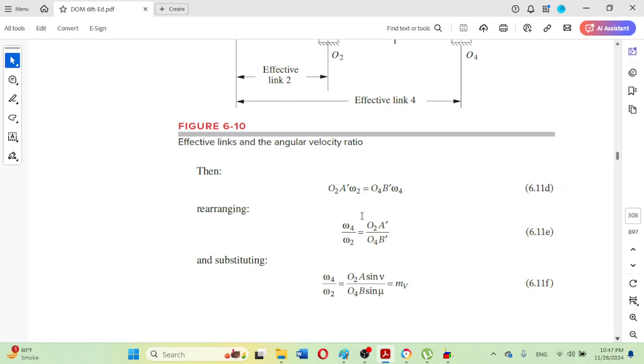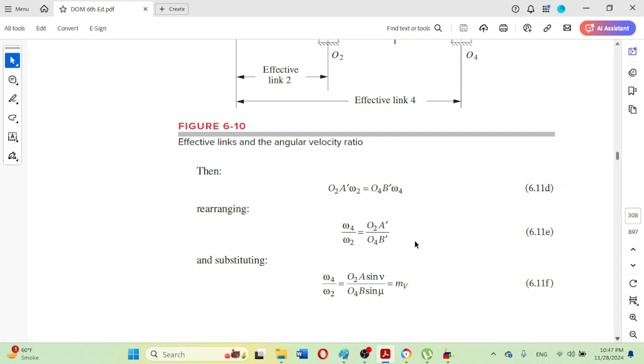After rearranging, omega 4 divided by omega 2 will be equal to O2A dash divided by O4B dash. So this is equation 6.11e.